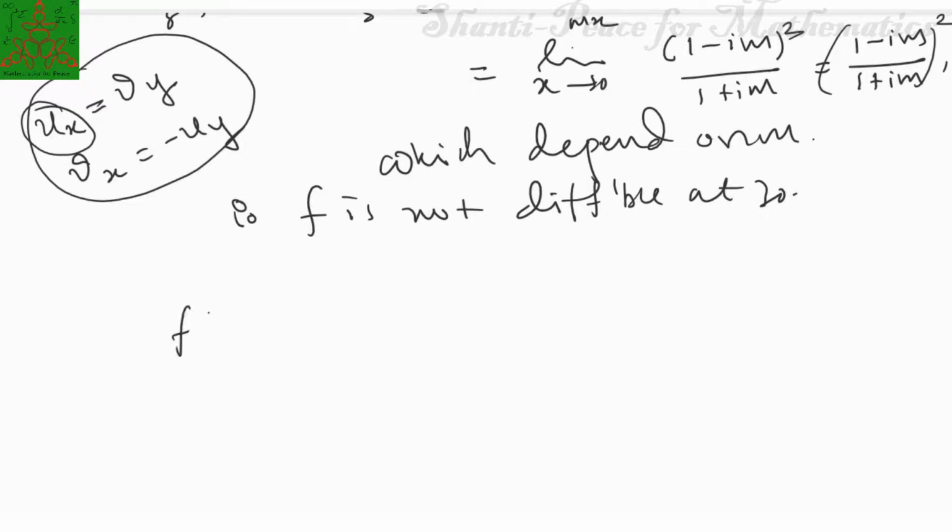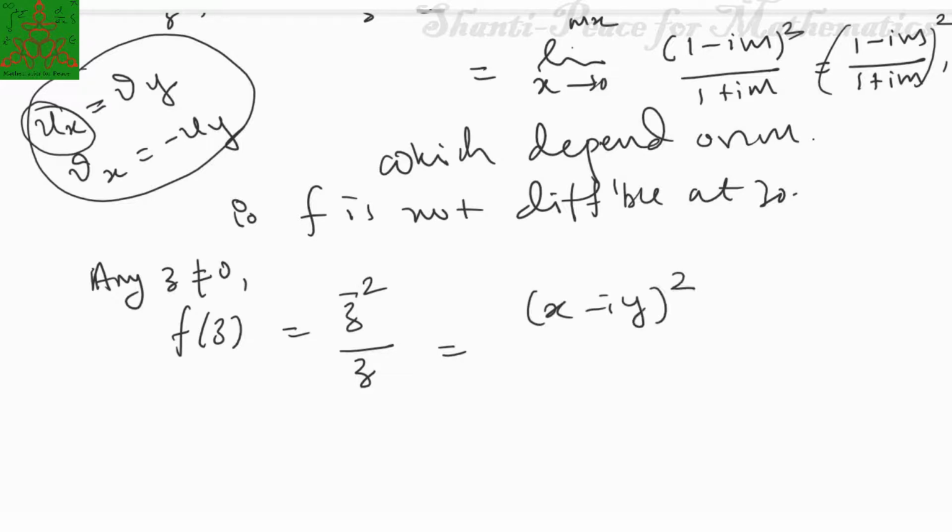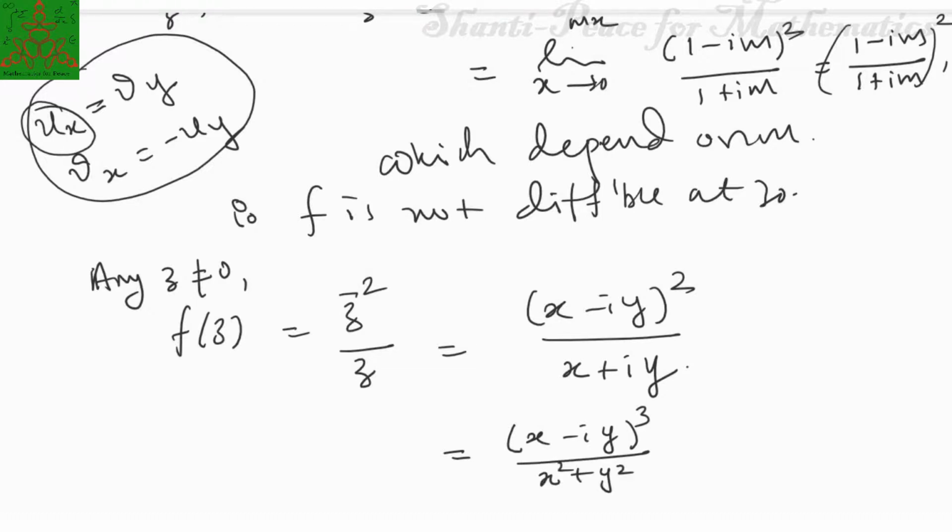So your given function, for any non-zero z, is z bar square upon z, which can be written as (x minus iy) square upon x plus iy. That I can write as (x minus iy) cube upon x square plus y square, by multiplying and dividing by x minus iy.